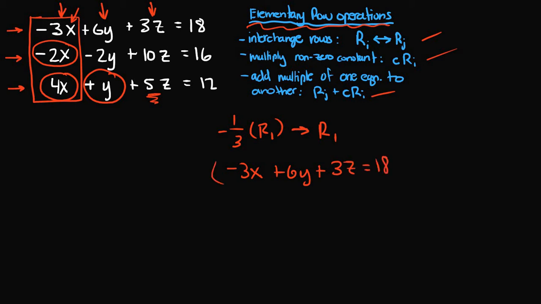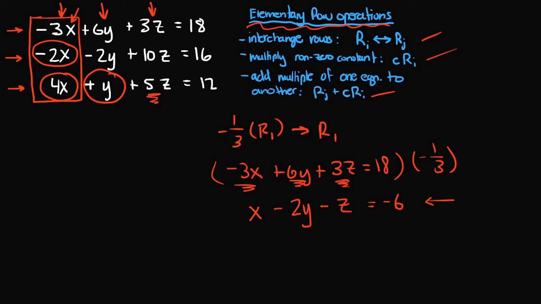If I multiply this whole equation or row by negative 1/3, this first term, negative 3 times negative 1/3, is just x. And then the second, 6y times negative 1/3 is minus 2y, and this third term, 3z times negative 1/3 would be minus z is equal to, well, 18/3 is 6, that'd be a negative 6.